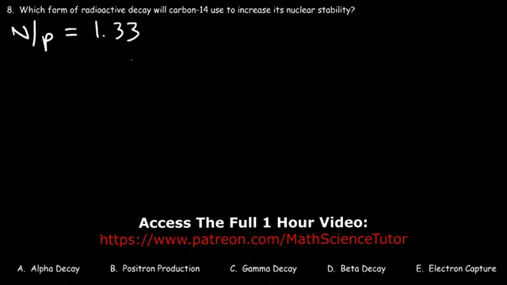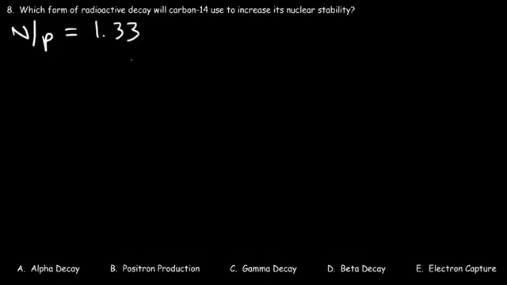We need to pick the form of decay that's going to decrease the neutron-proton ratio from 1.33 to 1, because light nuclides prefer to have a neutron-proton ratio of approximately 1. So we need some form of decay that's going to decrease the neutron number and increase the proton number.